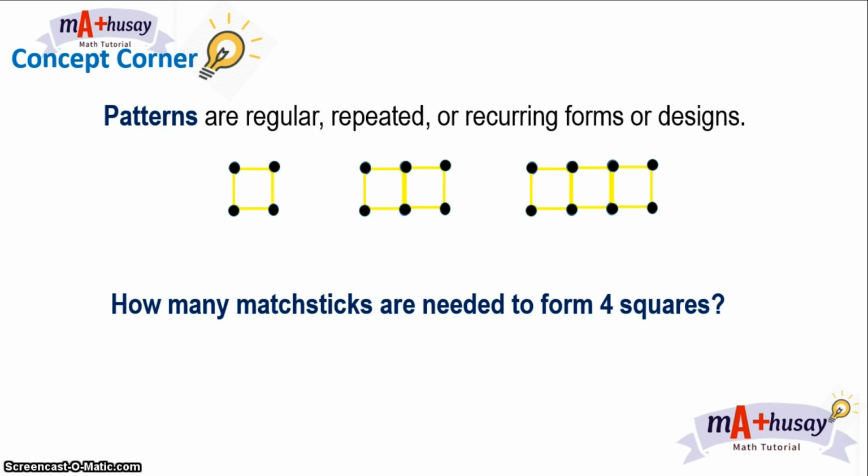If you look at the pattern 4, 7, and 10, it gradually increases by 3, right? So, to form 4 squares, you need 13 matchsticks all in all. Now that you can recognize patterns, let's define sequence.